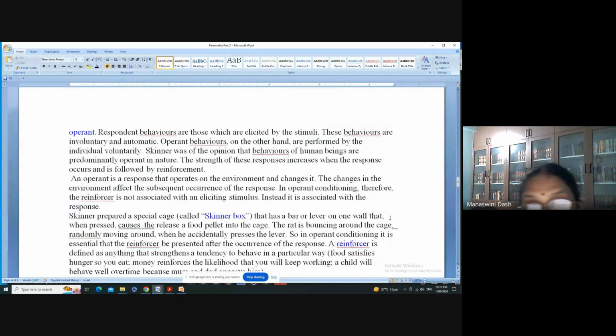But in operant conditioning, the reinforcement is associated with the response. If the animal shows the desired behavior, reinforcement is given. So there is the association between stimulus and response as a result of reinforcement.